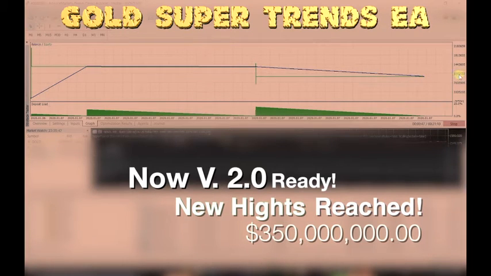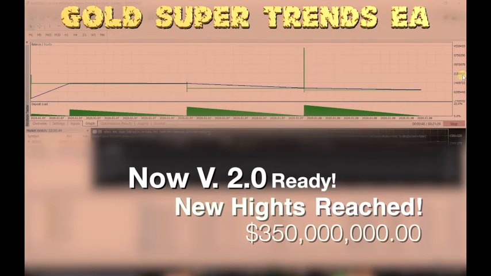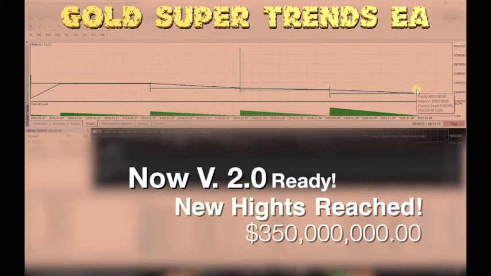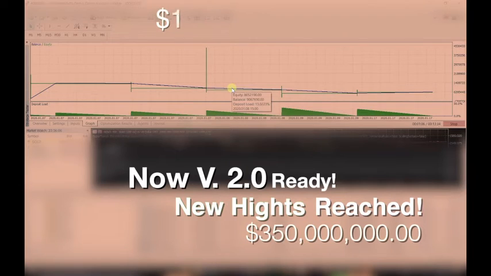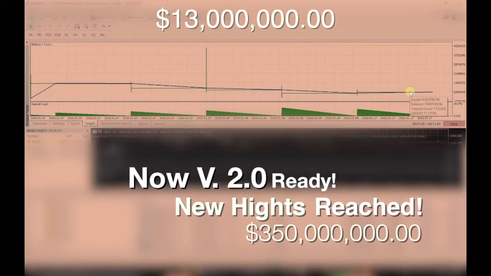But I just wanted to show you how much this EA can win. And as you can see here, it reached 8 million in just a few days. And here it reached 13 million in the first week of January. You can see how much this thing can actually win.